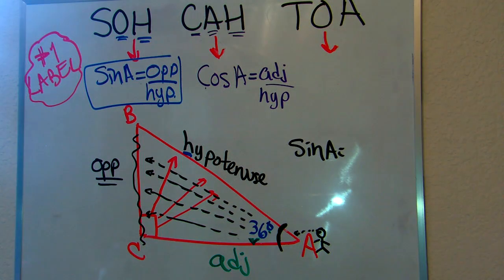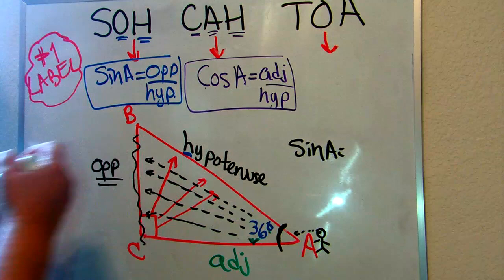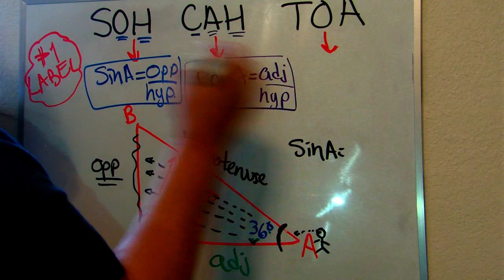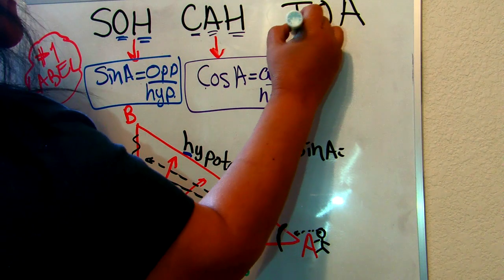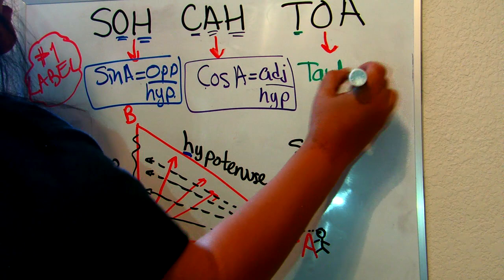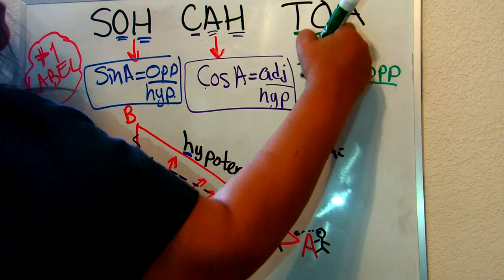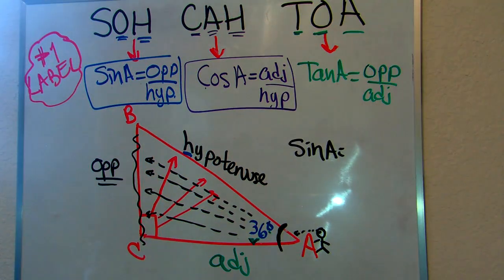So this is for the cosine. The tangent, we already covered the tangent. We already worked with ratios and solving, and we also did a scale check. This is T for tangent of an angle equals the O stands for opposite, and the A stands for adjacent.